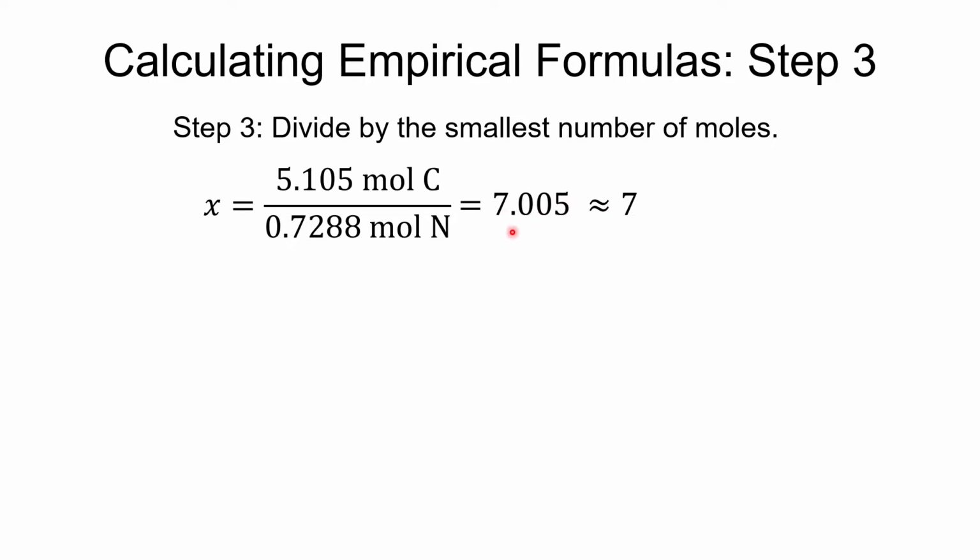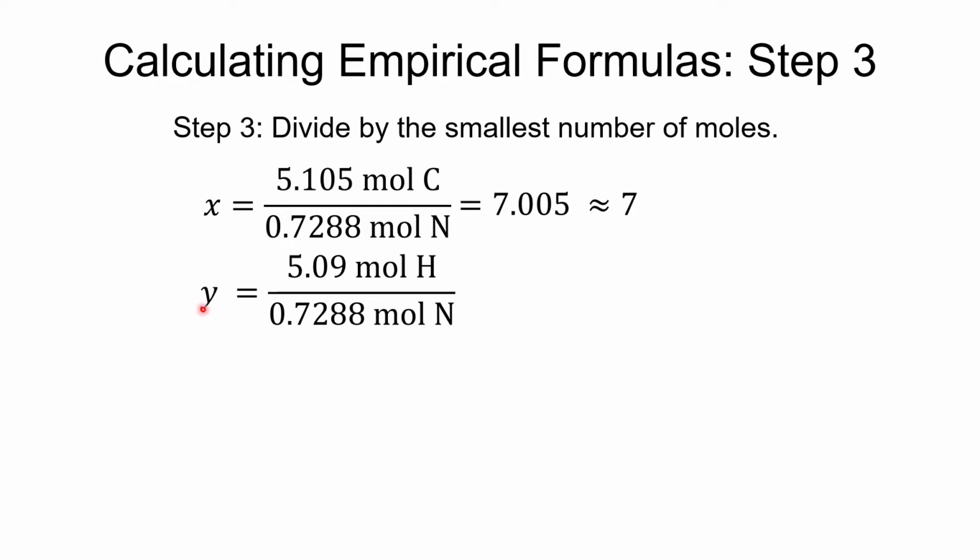And we will see problems like that where it is not near a whole number. This one is obviously very close to 7, so we can round that to 7. The subscript for hydrogen, which I, again, arbitrarily had chosen the letter Y, we've got 5.09.